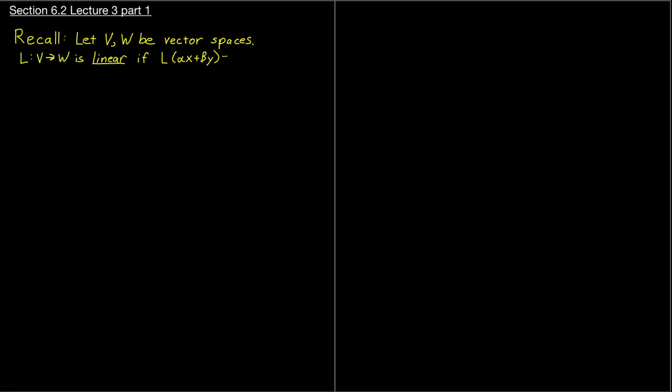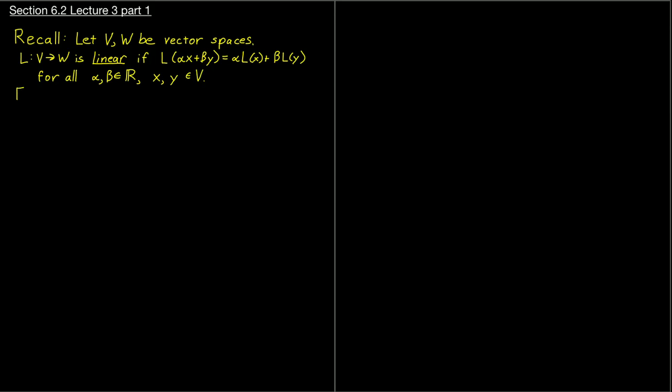L of alpha x plus beta y is alpha L of x plus beta L of y for all alpha, beta in R. We're working with real vector spaces. You can also talk about complex vector spaces. And all x, y inputs in V.